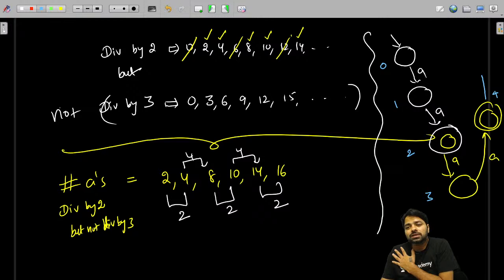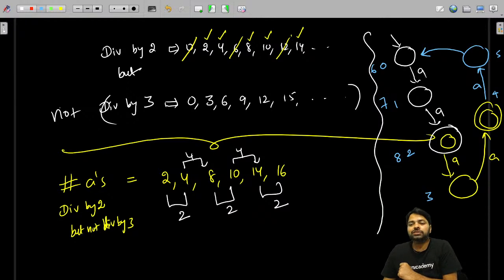So what I do is at the 5th A, I go to here but I don't accept. 6th I come here. 7, so that at 8 I can reach final. Look at that. Then 9, non-final because I don't want it. 10, final. Then 11, not final. 12, not final. 13, again 14 is final. 15, not. 16, yes. So if you look at this, just 6 states are required, right?